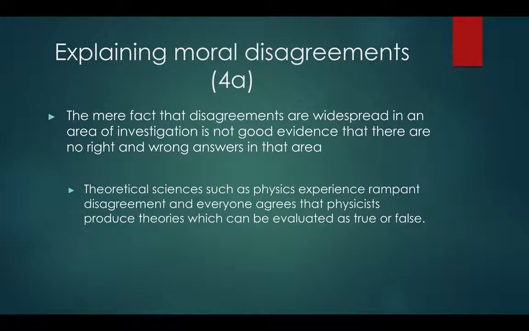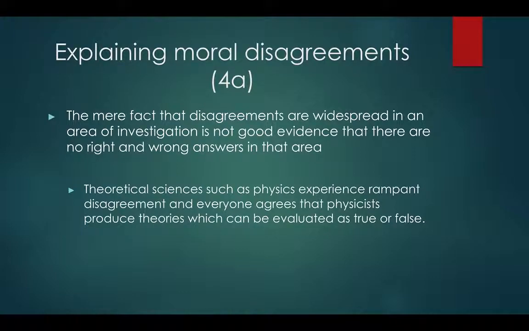Now, the mere fact that disagreements are widespread in an area of investigation is not good evidence that there are no right and wrong answers in that area. Theoretical sciences, such as physics, experience rampant disagreement, and everyone agrees that physicists produce theories which can be evaluated as either true or false. So we shouldn't worry too much about moral disagreement in the sense that widespread moral disagreement does not imply that there are no right and wrong answers in ethics.